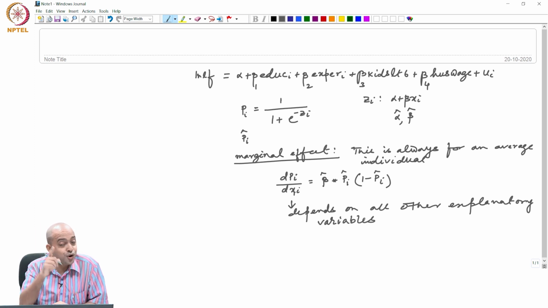okay, which is not the case in the linear probability model. Because in the linear probability model, pi equals alpha plus beta xi.